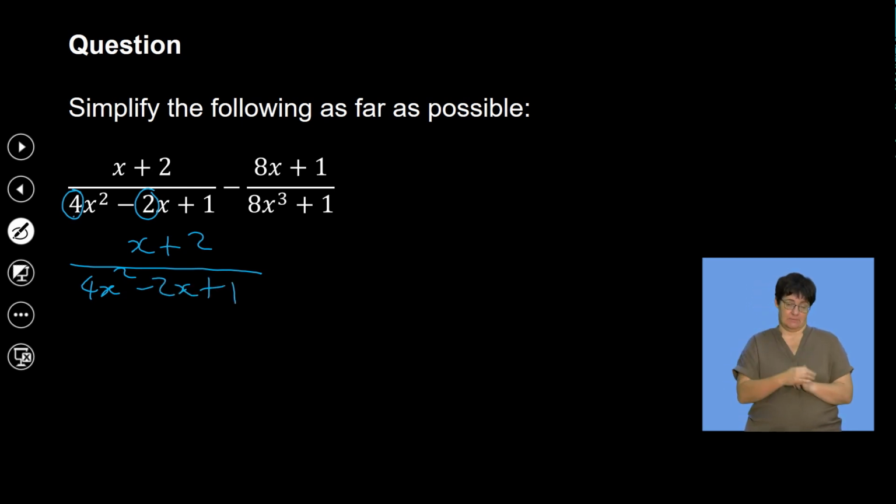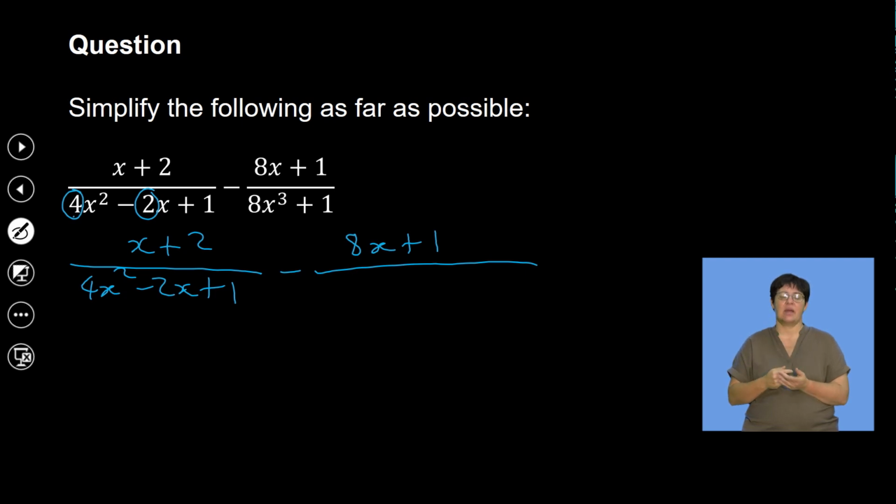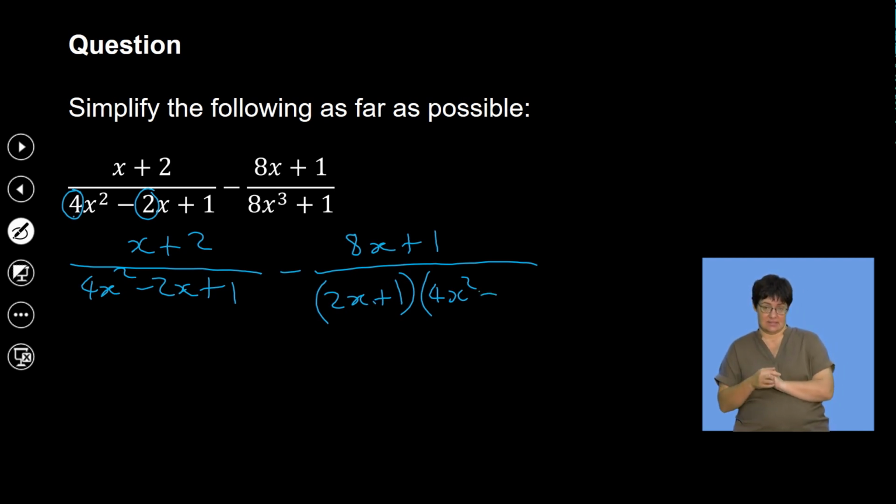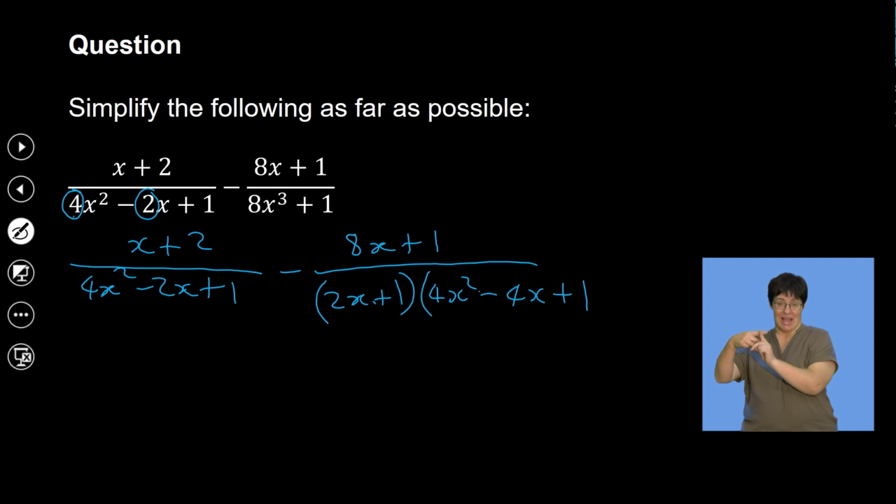And then the second term, you can factorize it, 8x cubed plus 1. Then this one here will be the same as 2x plus 1 in the brackets, because it's a cube, right? And this 4x squared. And then since this is a plus, it becomes a minus here. And then remember, because it's 4 there and the last one will be 1, it also becomes another 4 here and x. And then lastly, it becomes plus 1, right?